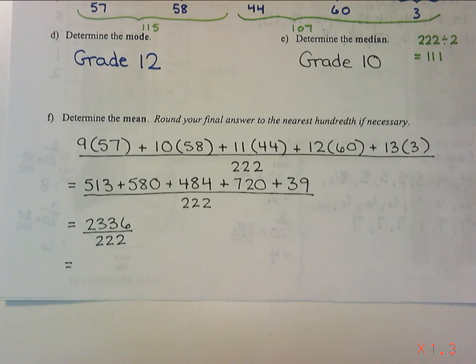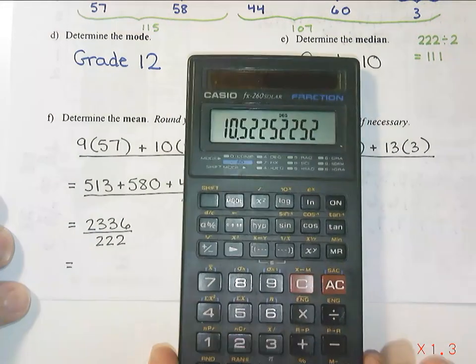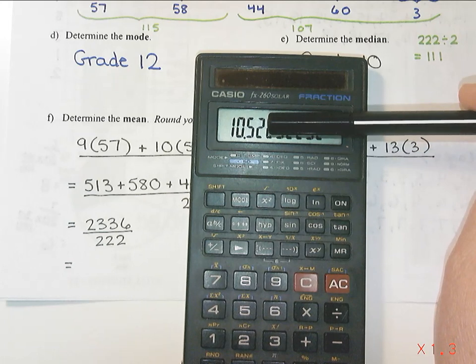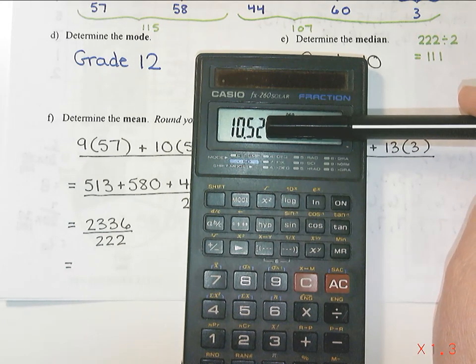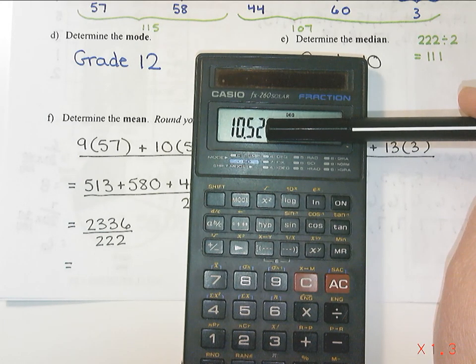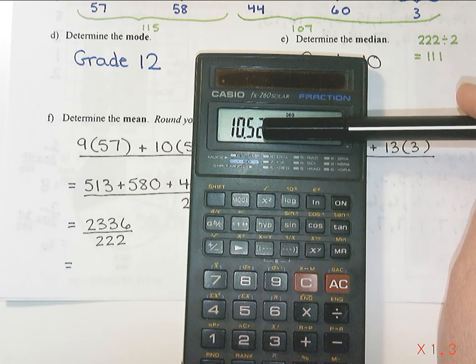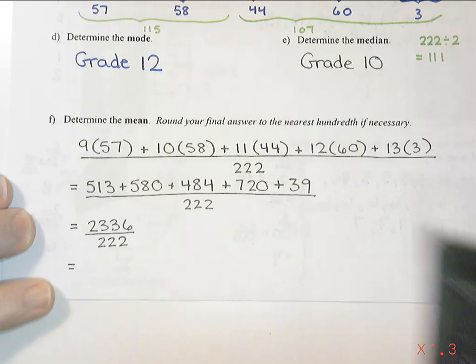All right, so 2,336 divided by 222 gives me a decimal. So it did say to round to the nearest hundredth, which is 2 numbers after the decimal. So that is 10.52. If I take a peek at the next number, it's a 2. So we're going to leave it at 10.52.